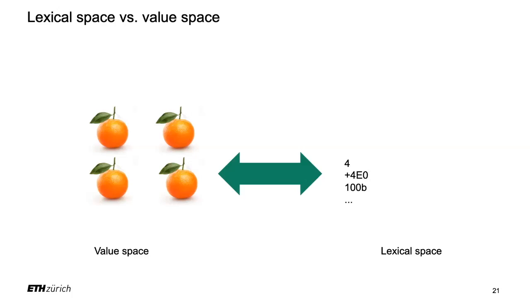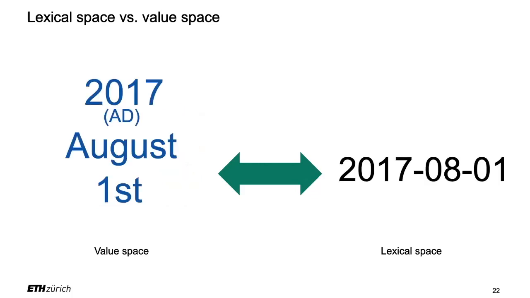What you need to understand is that in the end, when you parse the document, you really want to query it based on the actual value and not care anymore about how it was represented in the syntax. So there is this mapping back and forth between lexical space and value space. For whom is that clear? All right, so for numbers, it's natural. For dates, it's actually a huge mess because there are standards, of course, but everybody feels like they should reinvent something whenever they design a new language. But anyway, in XML and JSON, the common way to store dates is with dashes.